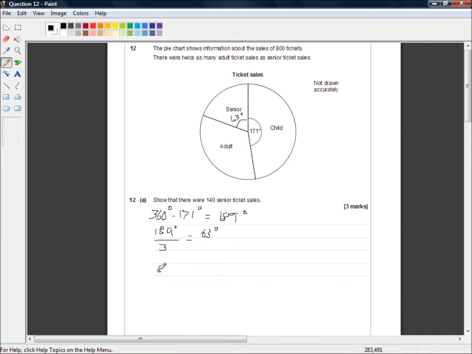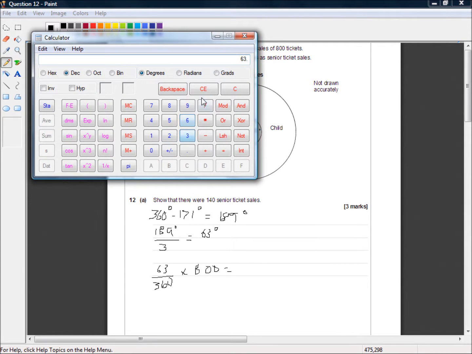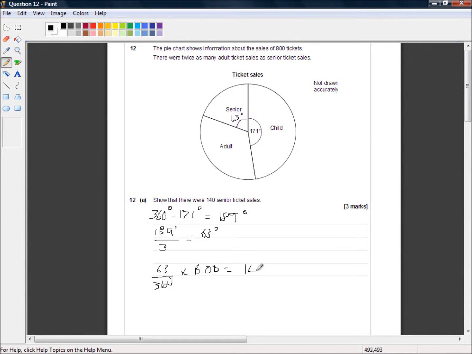So 63 out of 360 times 800 tickets is equal to 140 tickets, which was to be shown. Okay, I hope that was helpful.